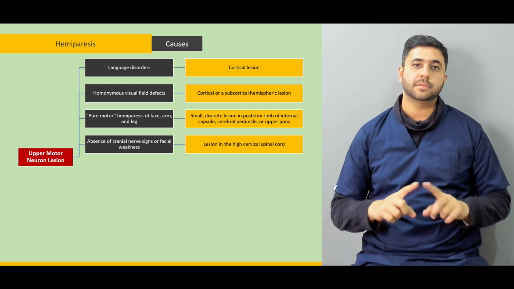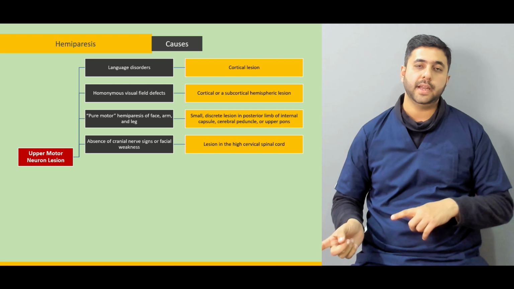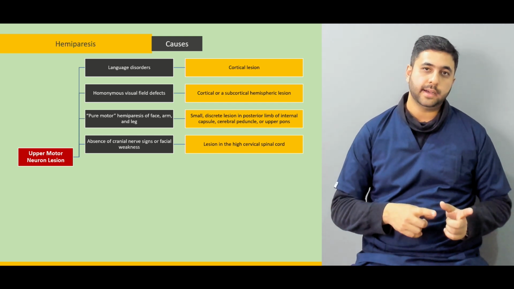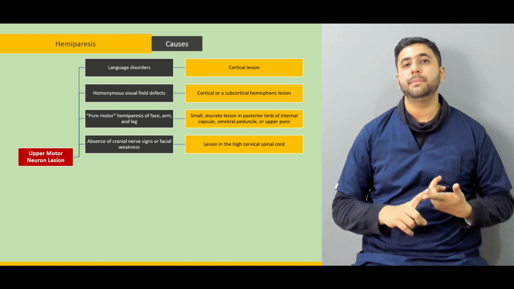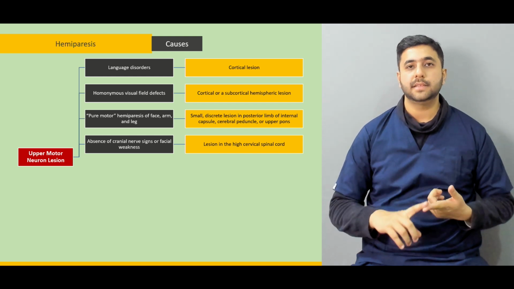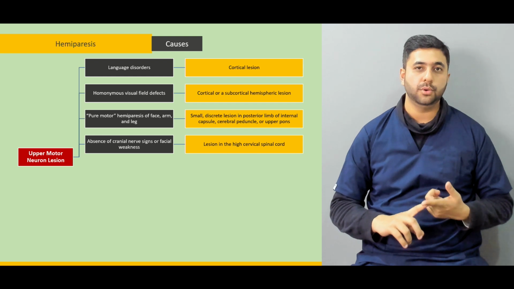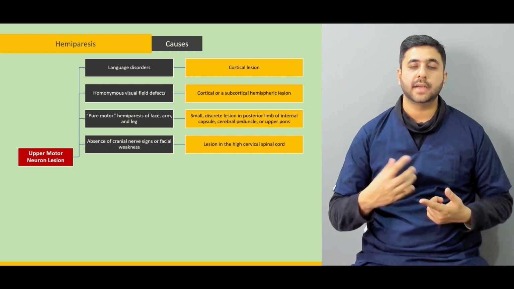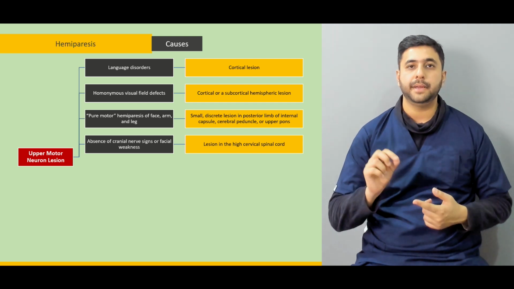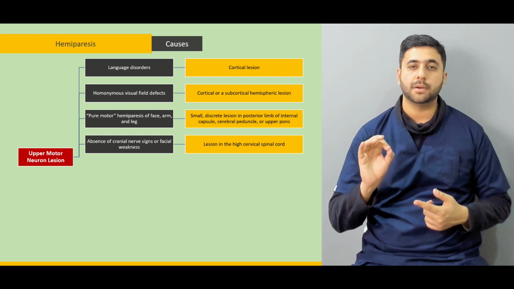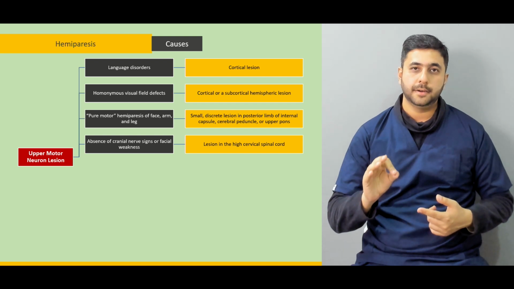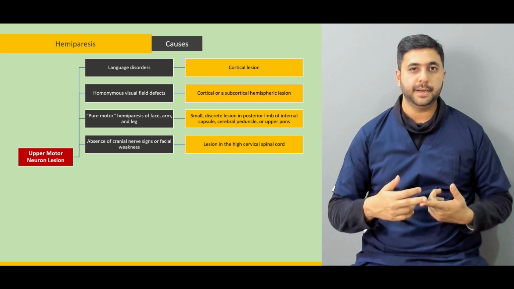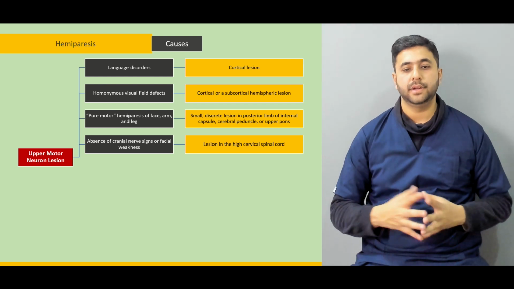So if we have a crossed presentation with the cranial nerve nuclei signs at one side and corticospinal signs on the other side, then we know that we can pinpoint it to the level of the brainstem, either the midbrain, pons, or medulla, and depending on the nerve involved or the signs and symptoms of the nerve involved, we can pinpoint it exclusively to what part of the brainstem it is involving. Either it is from the midbrain or the pons or certain medullary signs.